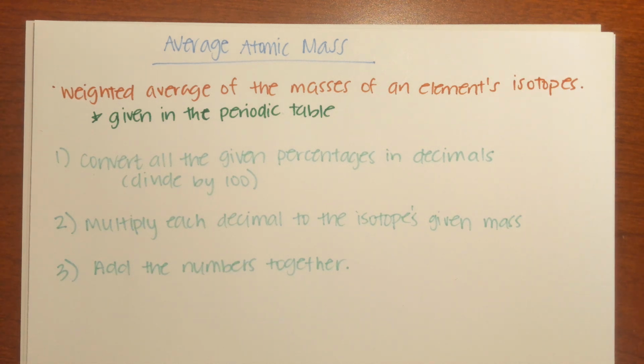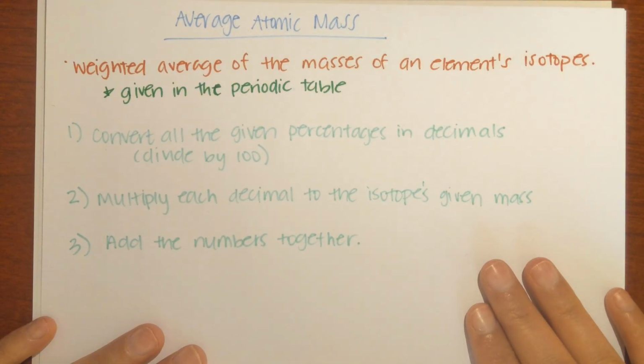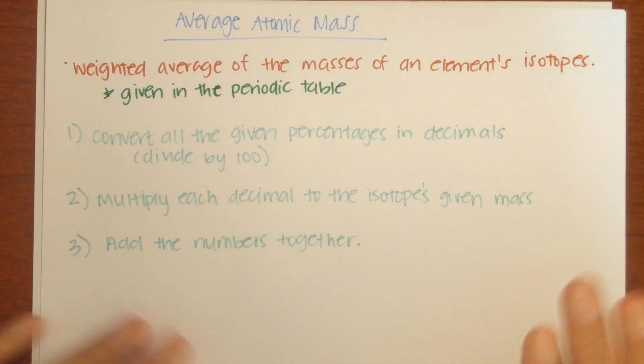What that means is that each element has a certain number of isotopes. For example, chlorine has 2 isotopes, and it's the average of those masses. Magnesium has 3 isotopes, and they have different masses, so it's the average of them, etc. I also have written the 3 steps on how to find the average atomic mass.